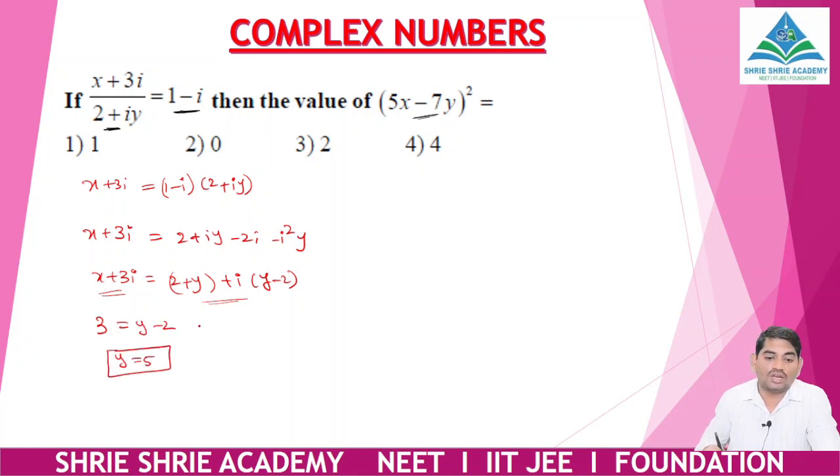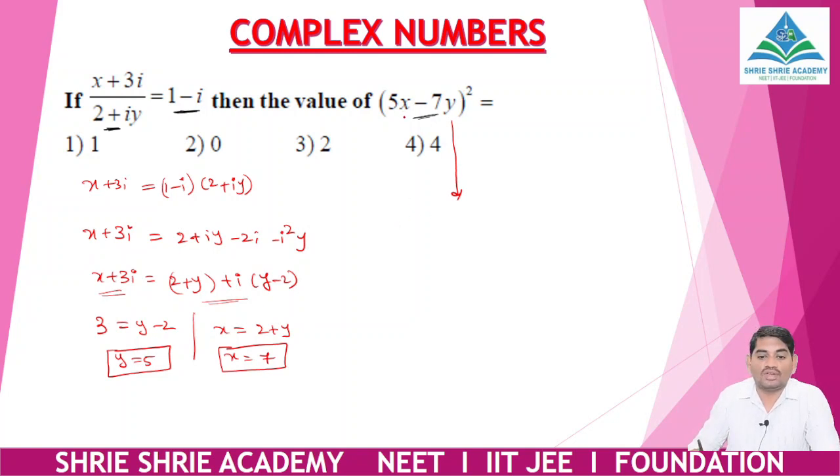Then on the left side, the real part is x. On the right side, the real part is 2 plus y. Then x is equal to 7. So x value is 7 and y value is 5. Now we will find the value of (5x minus 7y) whole square. 5x, x value 7, 35, and y value 5. Substitute here, (35 minus 35) whole square, which is equal to 0.